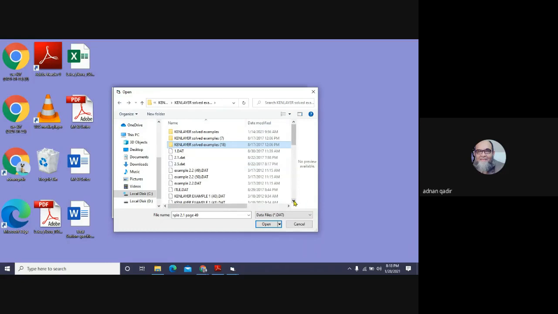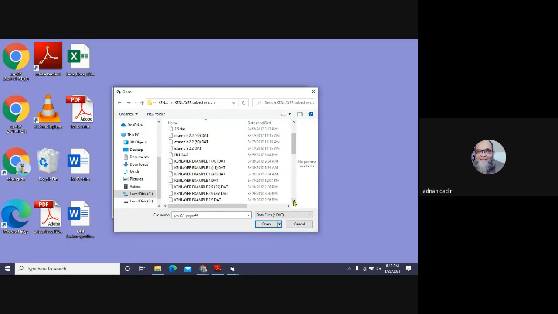Let me see, where is 3.1? Even if it is not there, let's try SLA1. We open that file.